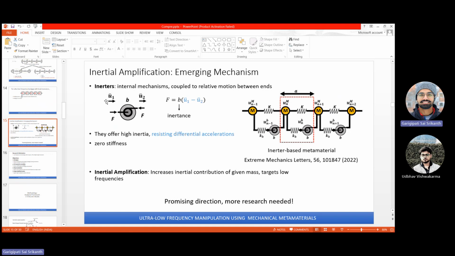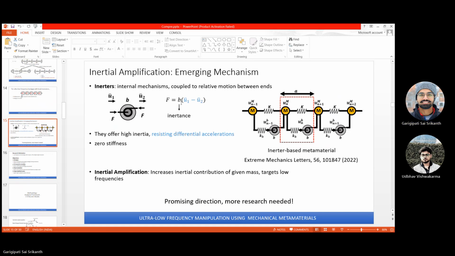So here we see U1 double dot, here we see U2 double dot, and B is the inertance, and F is the force applied. Typically, like Newton's laws of motion, F is equal to ma, where m is the inertia. So this is also in that form, F is equal to B delta U double dot.